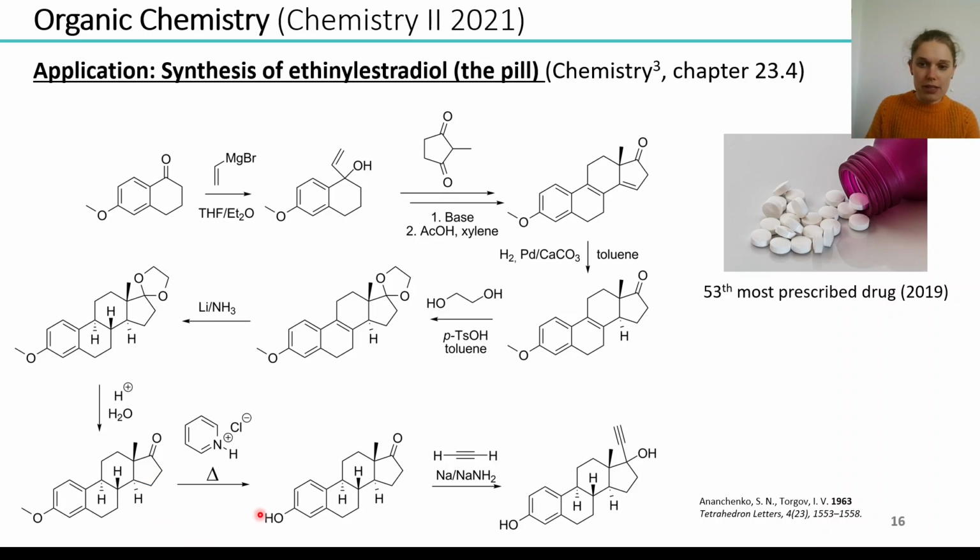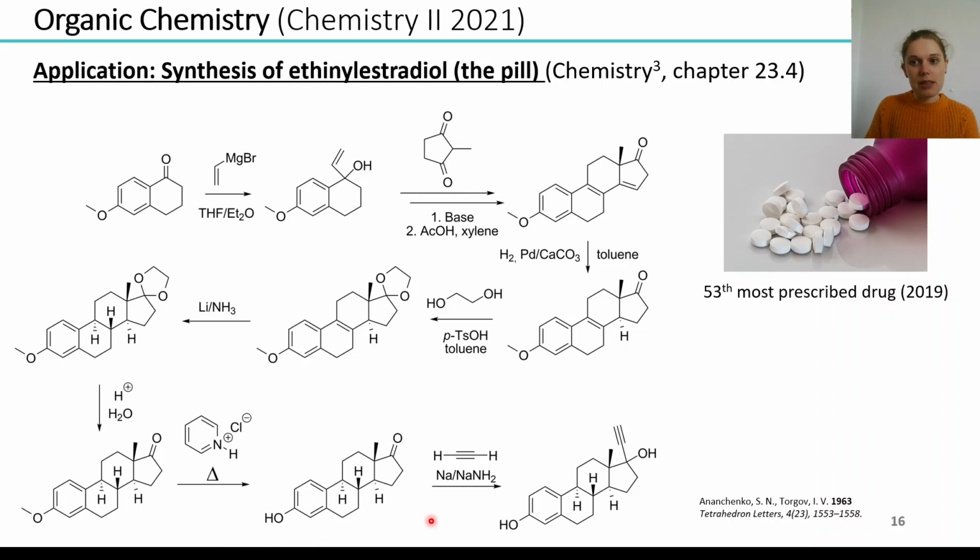Subsequently, another deprotecting step follows, and this step is now new for you. Here we have a methoxy group as protecting group for an alcohol. Hence, in this deprotecting step, we deprotect the alcohol, and we end up with the formerly protected alcohol group here.